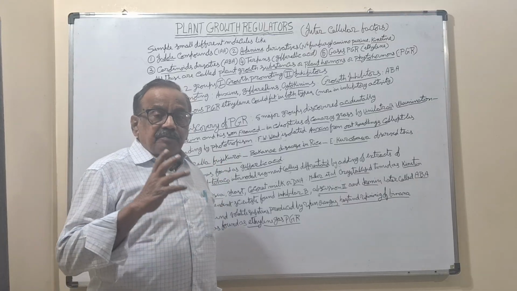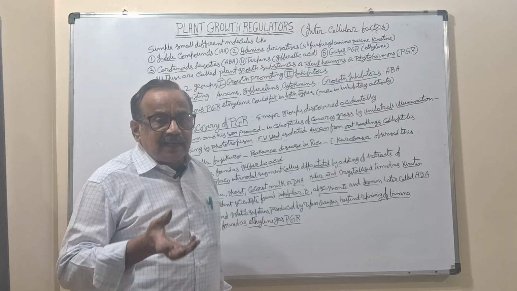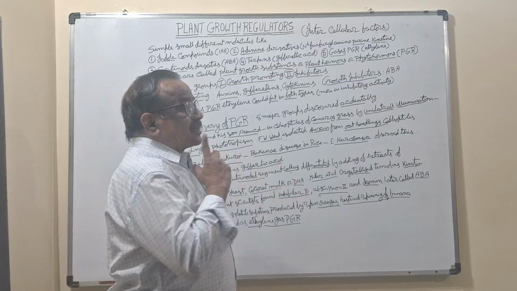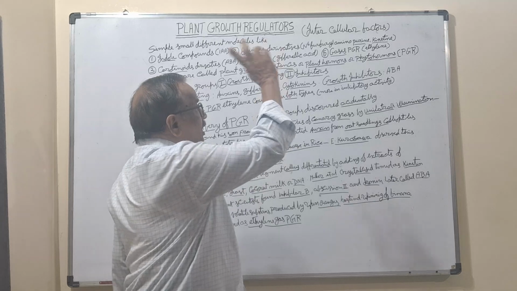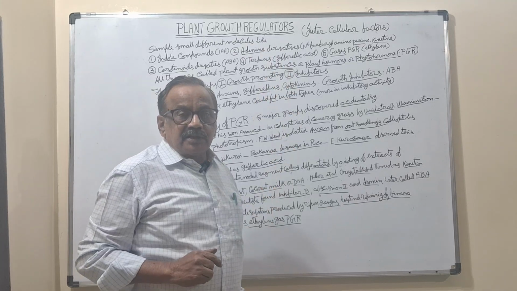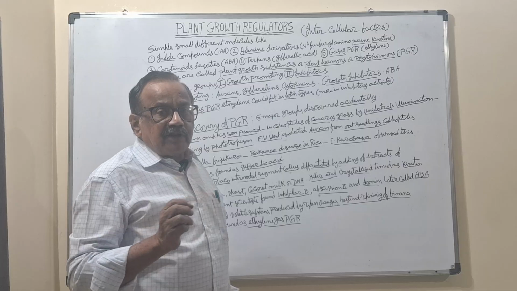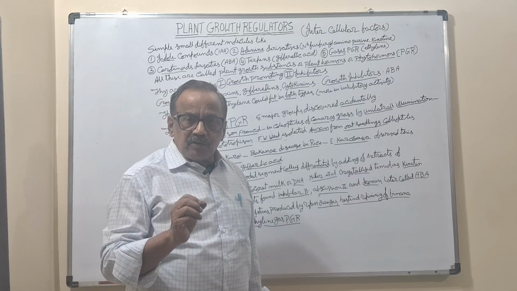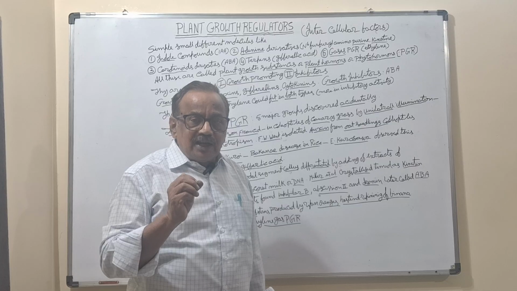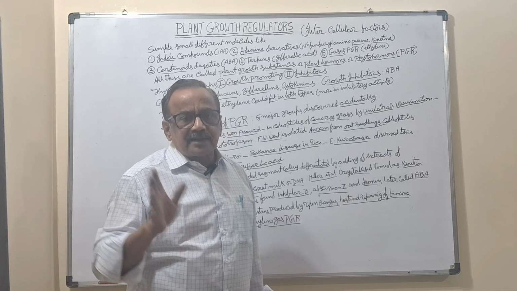These come from genetic, that is intrinsic, internal cellular factors. They are very small chemical compounds which regulate the growth and development of the plants.